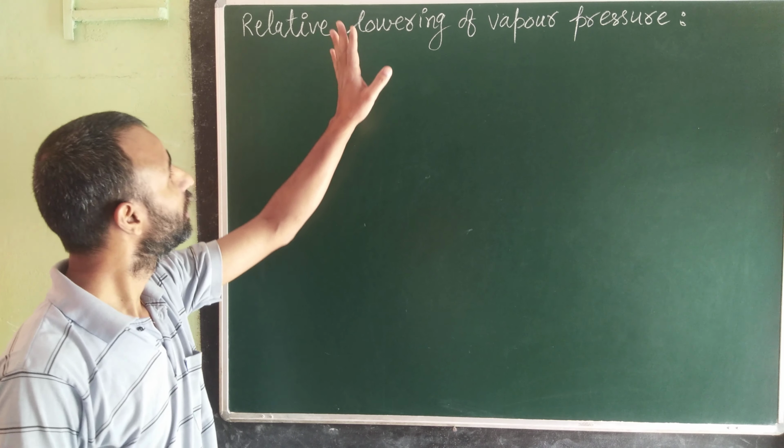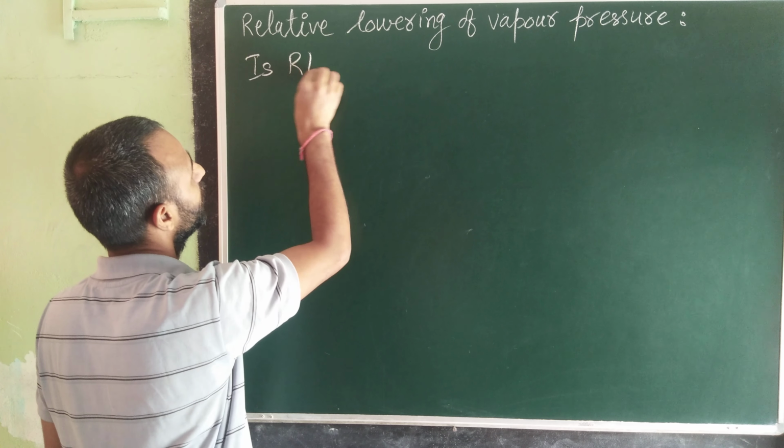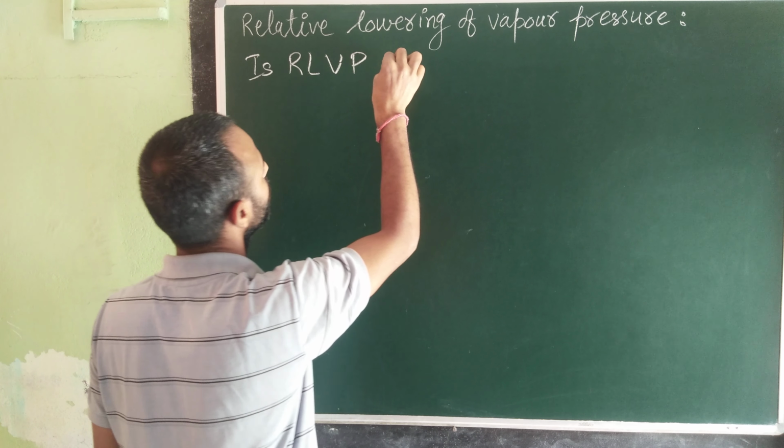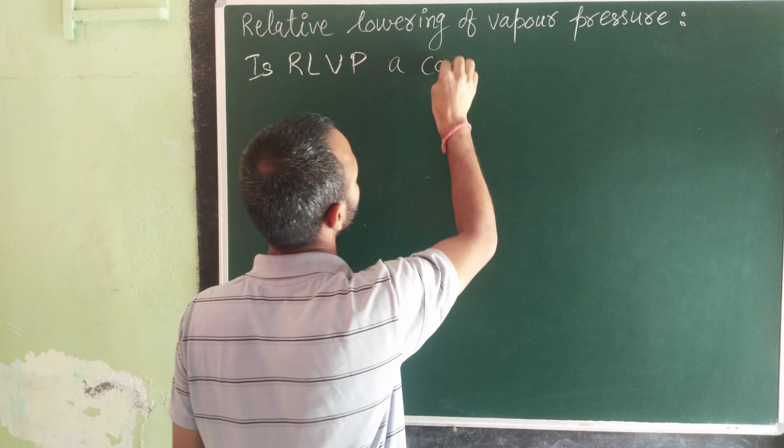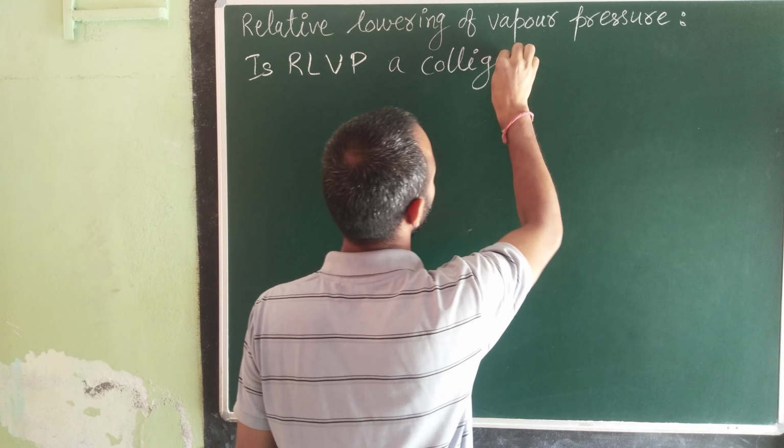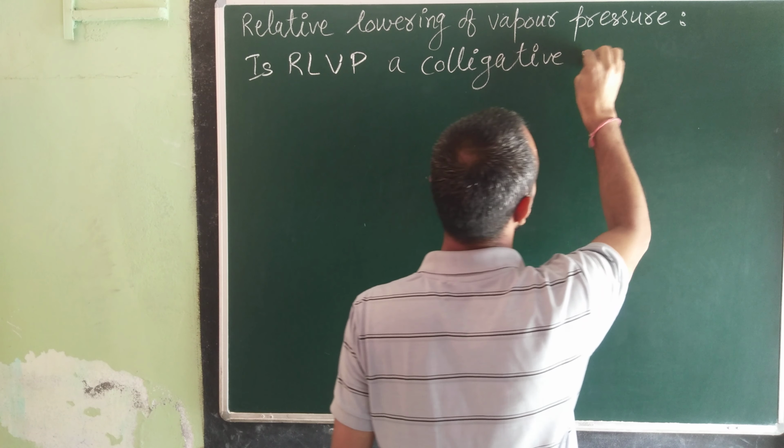So first, let us prove that relative lowering of vapor pressure is a colligative property. So is relative lowering of vapor pressure a colligative property?